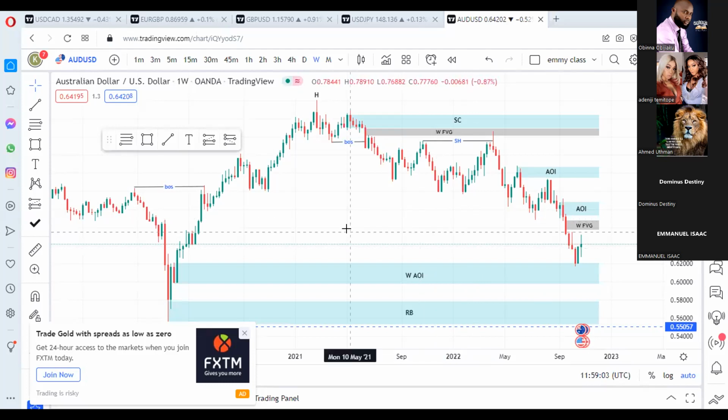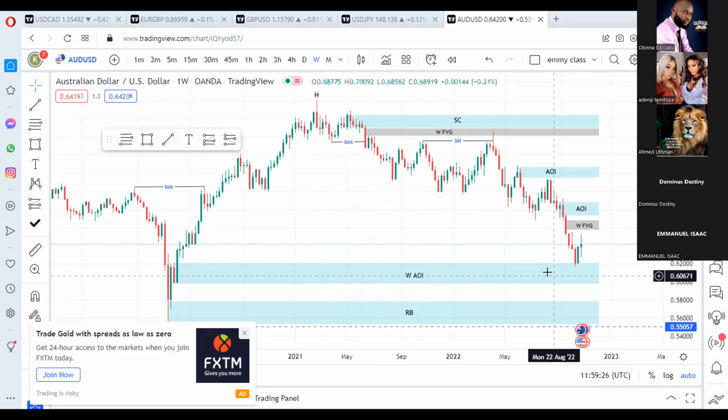I'll be the one sharing on the weekly time frame on AUD USD. From what we see here, the market is in a bearish condition in the sense that it's producing a lower high and a lower low, lower high and a lower low. This is the candle that sponsored this big move to the downside of this downward trend.